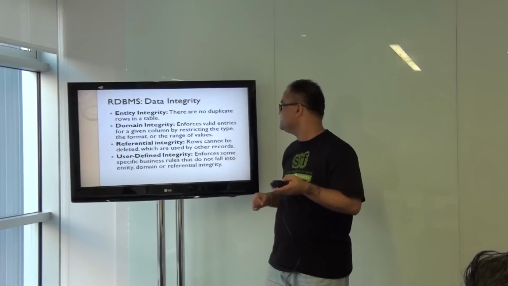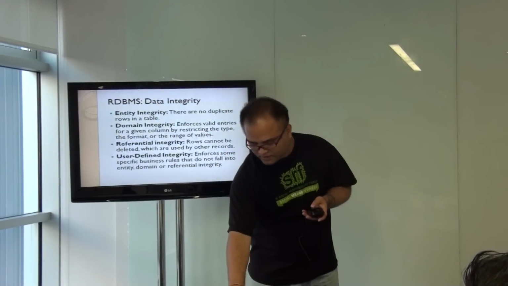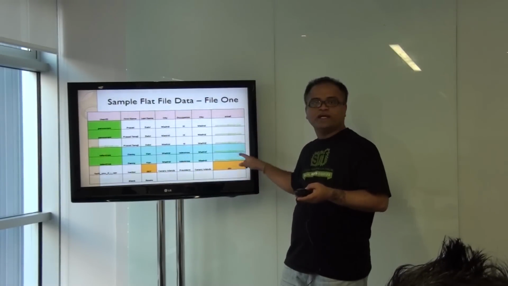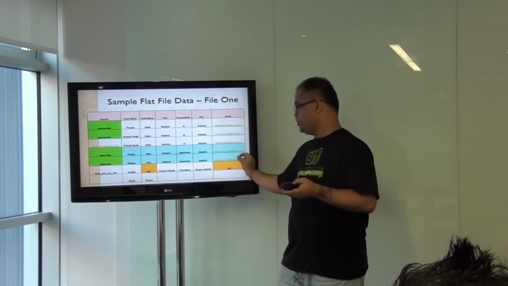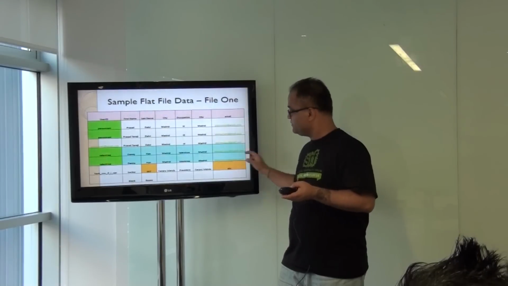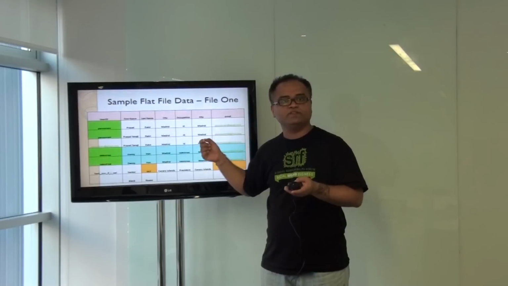Second thing is domain integrity. By domain integrity, what do you mean? Here, you can now define that this field has to be a character followed by @ followed by a character.com. And here, you can define that it has to be a character and it cannot be numbers.